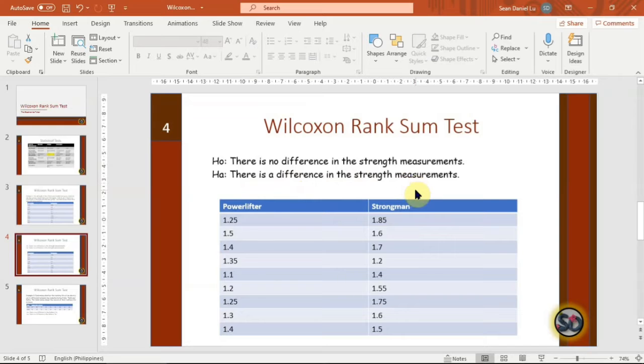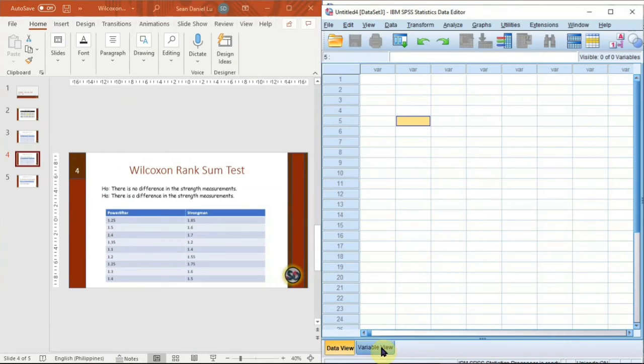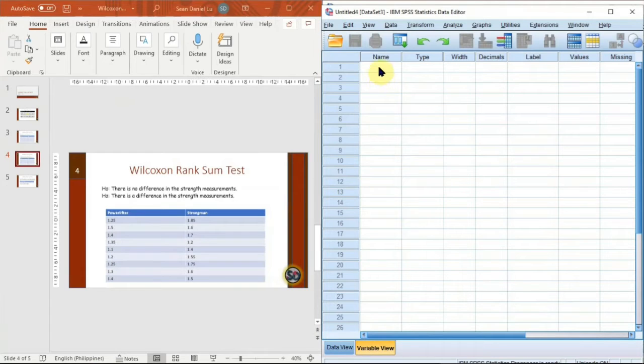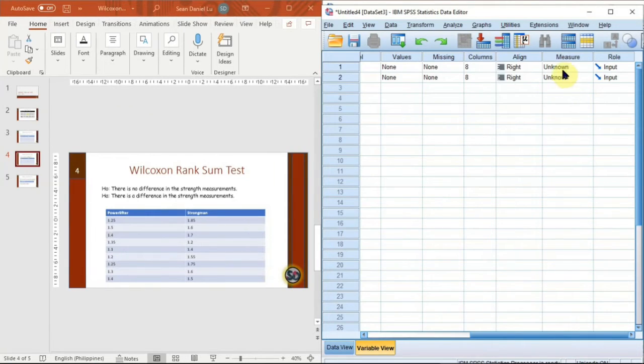Now let's try to do this in SPSS. I'll go to variable view and create 2 variables, one for the powerlifter, the other for the strongman. The measurement would be ordinal, since we are dealing with non-parametric statistics.